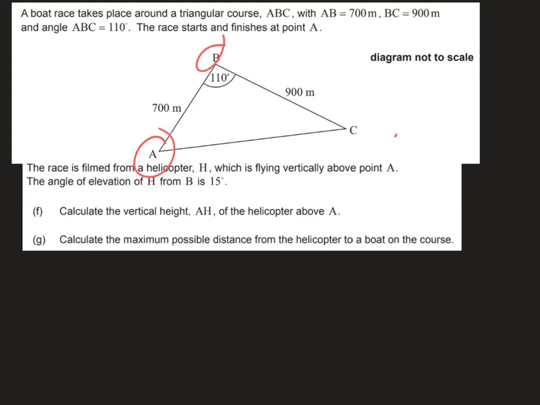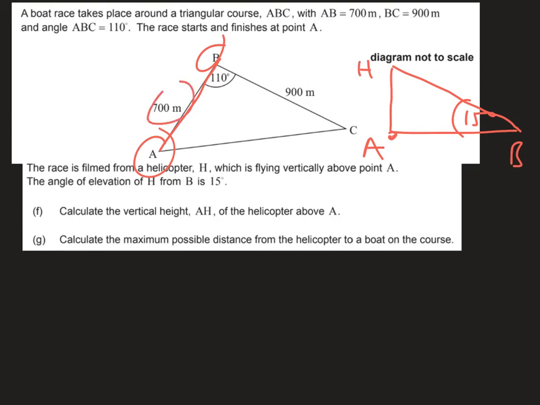So if you imagine we are at point A, the helicopter is flying up here somewhere, so that's the helicopter, and we're told that the angle of elevation from B, so B is going to be over here, is 15 degrees, and we're asked to find the height AH.